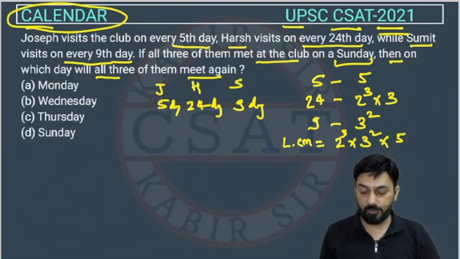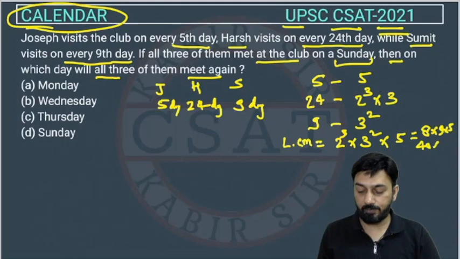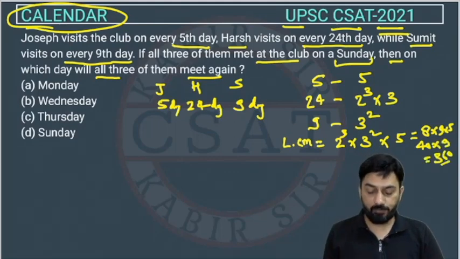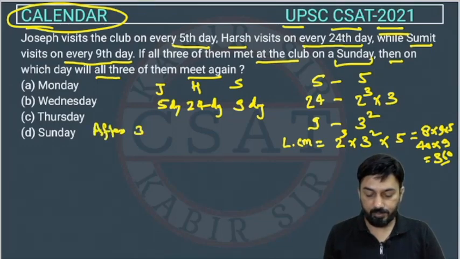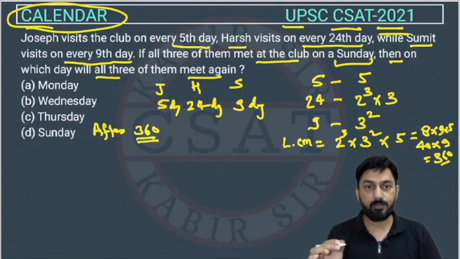So this will be 8 into 9 into 5. 8 fives are 40, into 9, so this will be 360. So they will meet again after 360 days. On the 360th day, they will meet again.